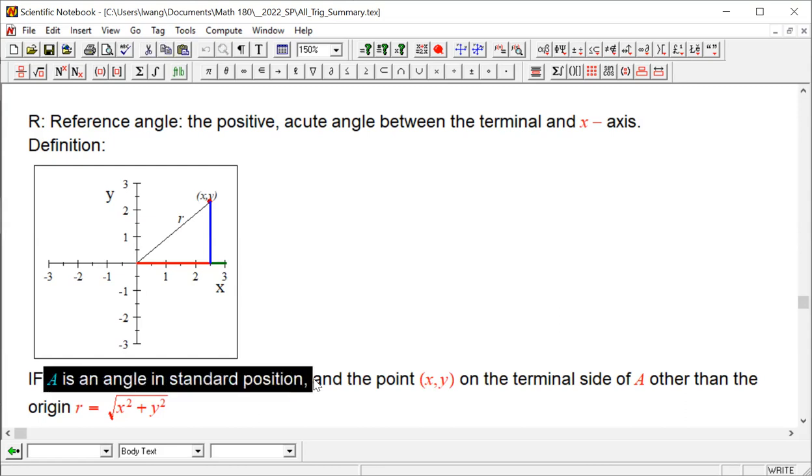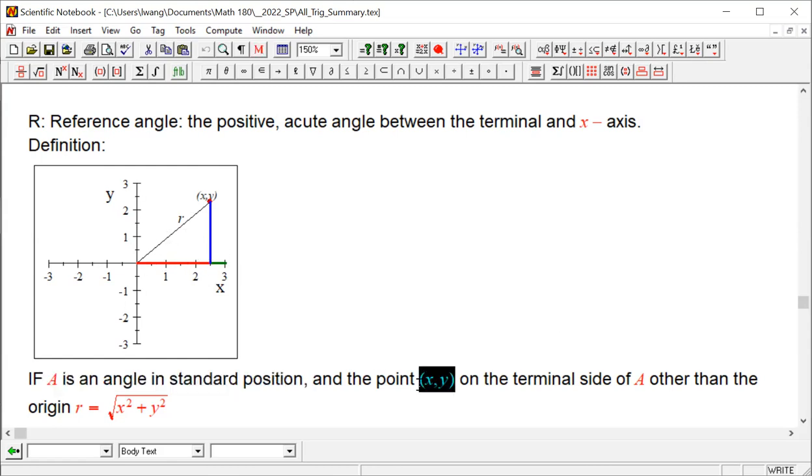So A is the angle in standard position, which means we measure the angle from the standard position, either clockwise or counterclockwise. And a point, any point (x, y) on the terminal side of the angle other than the origin, which guarantees that r is going to be positive.